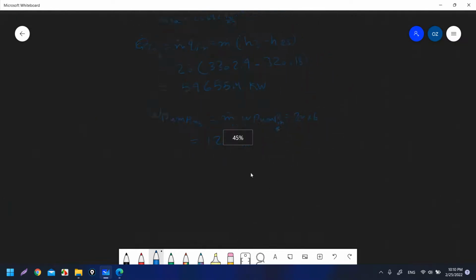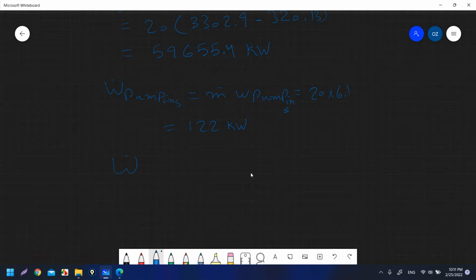So let's calculate the work dot turbine out, the actual one, because we have the isentropic efficiency for the turbine. It is equal to m dot times the work turbine out, which is the actual. So it is m dot times H3 minus H4A, because actual.